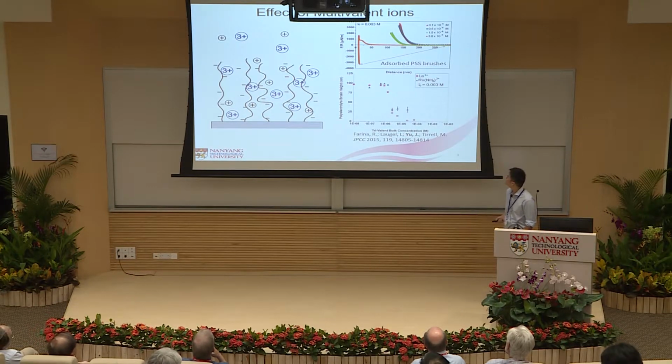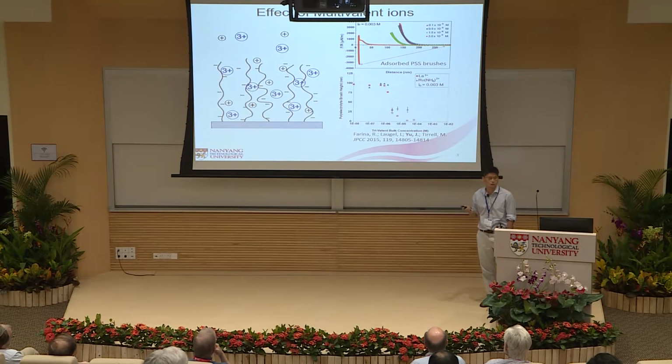Now, when I first started this project, we already had some evidence showing that the presence of multivalent counterions, trivalent counterions in this particular case, even at very low concentration, about 1 in 1,000 ions in the solution, can dramatically alter the surface forces between two physisorbed PSS brushes on surfaces.